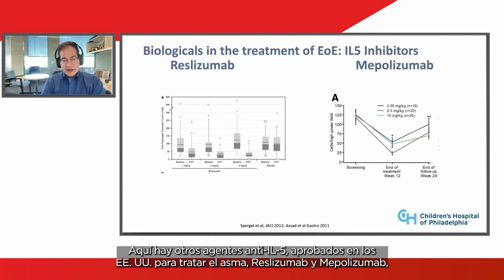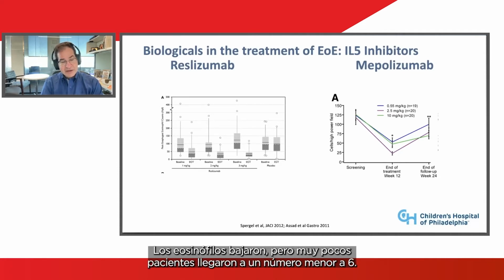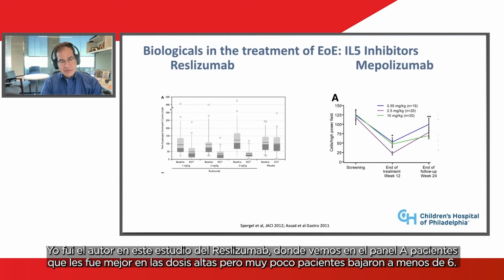What about other anti-IL-5? These are 2 drugs that are approved in the United States for the treatment of asthma, reslizumab and mepolizumab. They did not have a significant improvement at all in symptoms, and the eosinophil counts did improve, but very few patients got down to that less than 6. I was the author on the reslizumab study, and you can see in panel A, patients got better on the high dose, but very few patients got down to that less than 6.